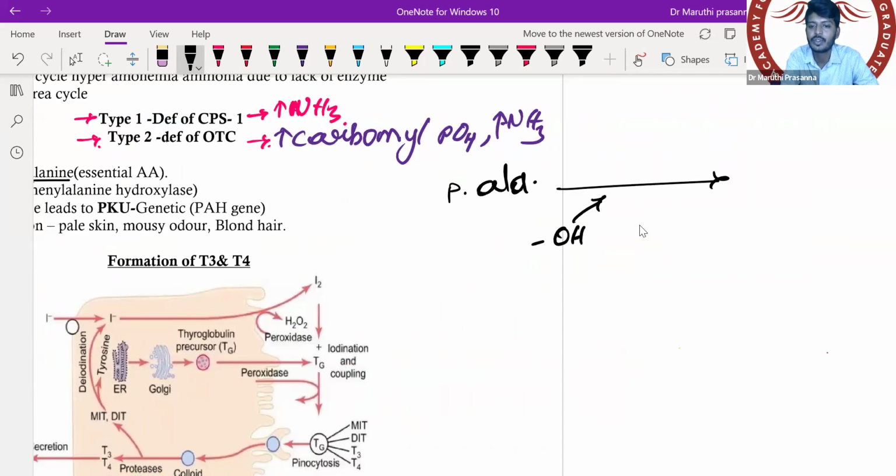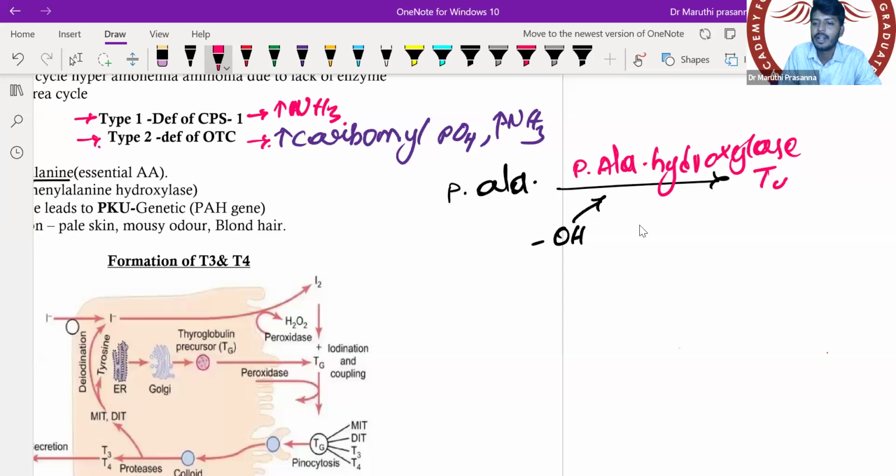This hydroxylation is done by the enzyme phenylalanine hydroxylase, which gives rise to the amino acid tyrosine. Since tyrosine is formed from phenylalanine, we don't need to take tyrosine from the diet. So this OH group for the conversion of phenylalanine to tyrosine is donated by whom?